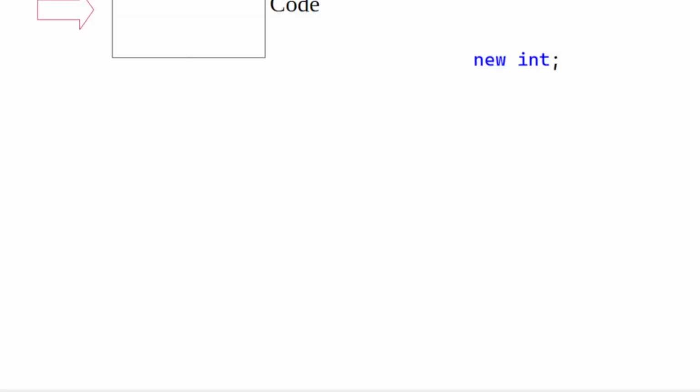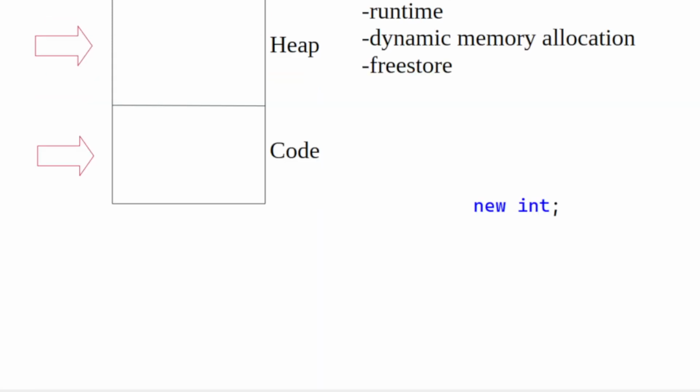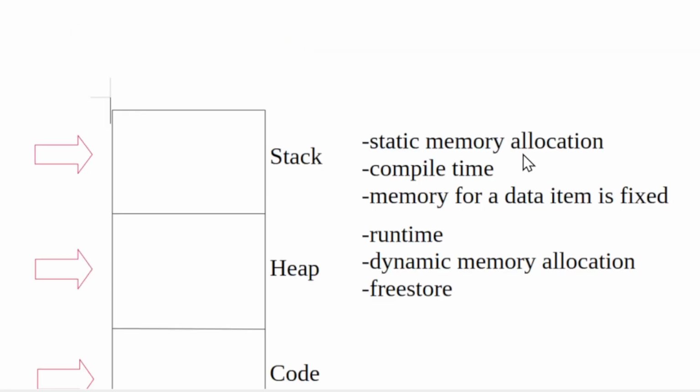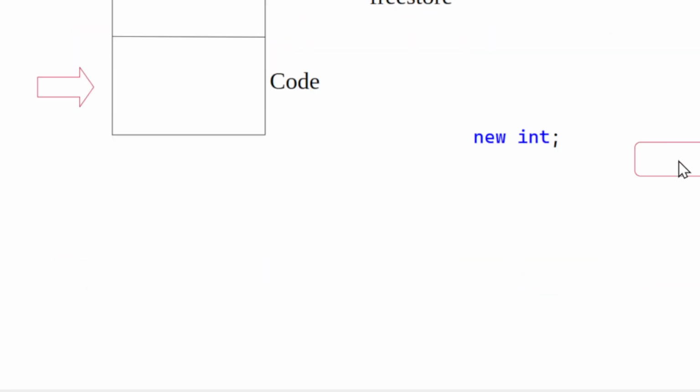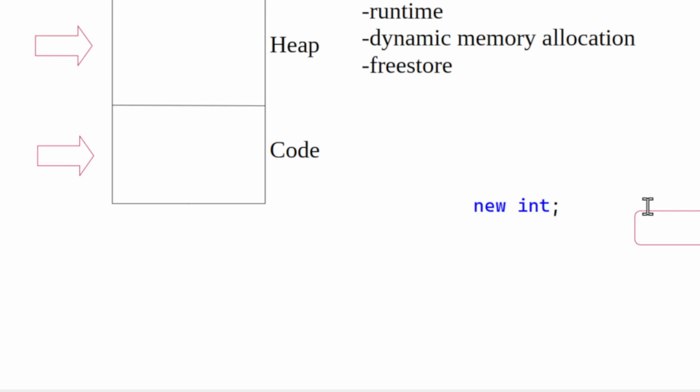This new int statement will essentially allocate dynamic memory in the heap. For example, this is the memory allocated by this statement. Now this is memory allocated, but it is in the heap. It doesn't have any name, no identifier, so there is no way to access this memory.